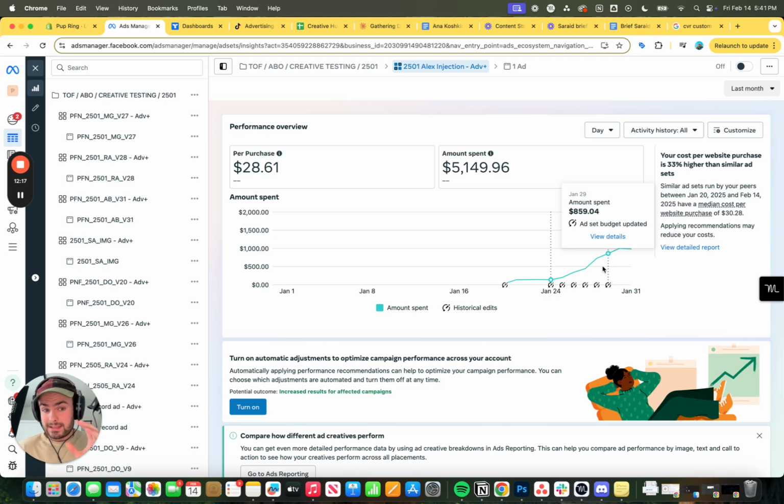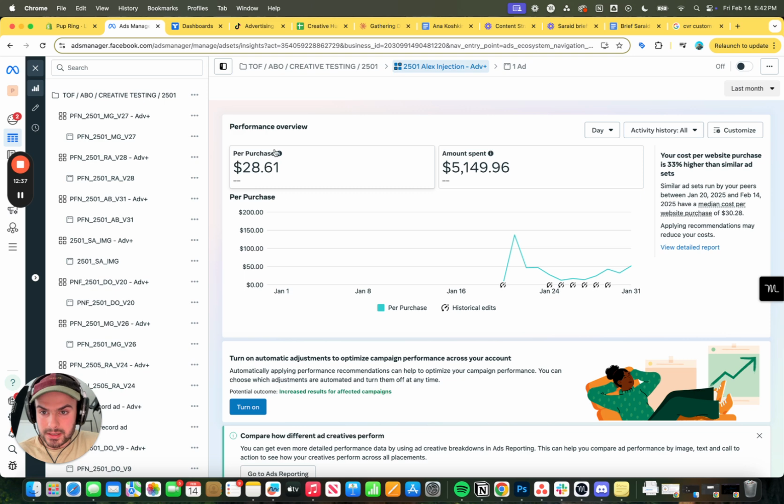I'm showing you guys here how I want to pass down why I scaled it, the metrics I was looking at while scaling it, and use this as an example of a winning creative that you're going to see when you're testing your own creatives, okay? Now, this was scaled because of two things.